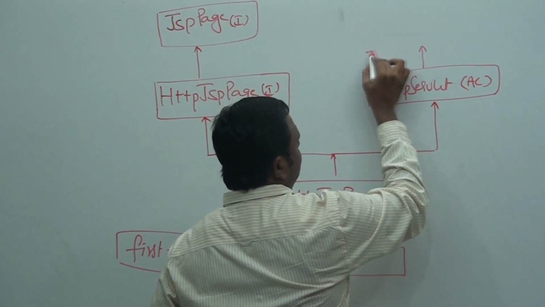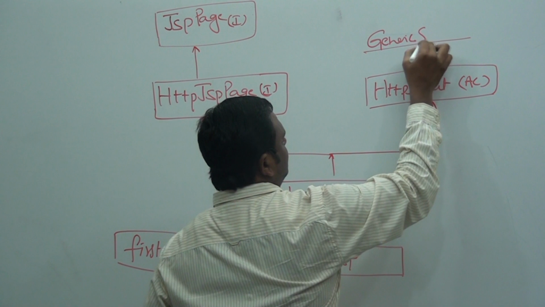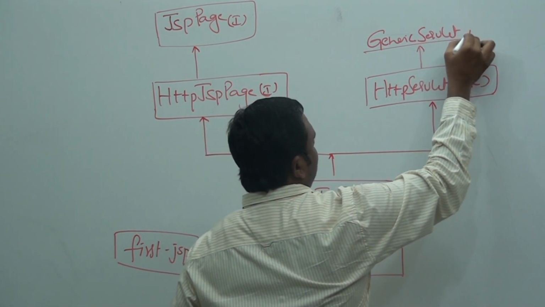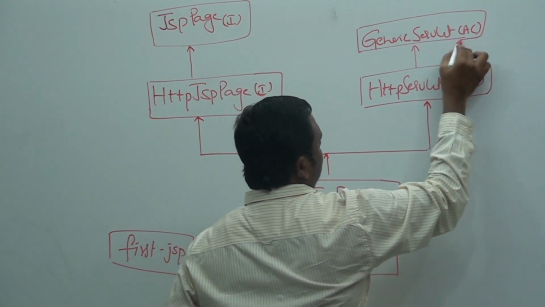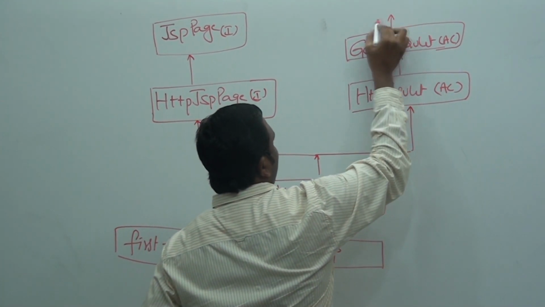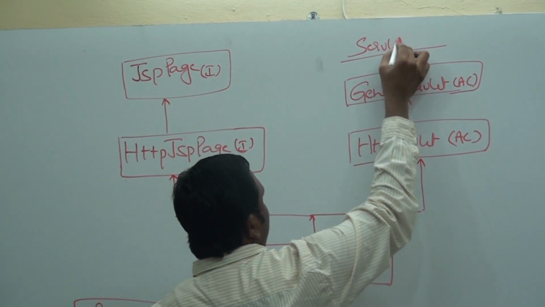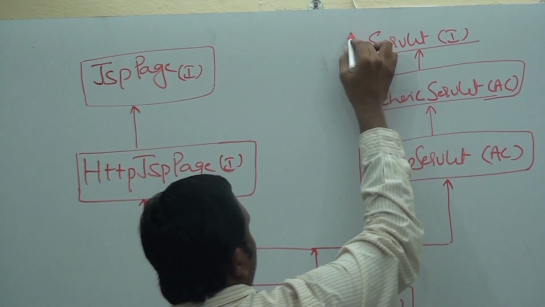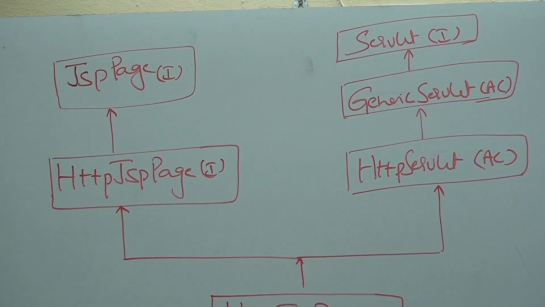HttpServlet is a child class to GenericServlet, which is an abstract class. GenericServlet is an implementation class of the Servlet interface. Fine. This is the overall flow.